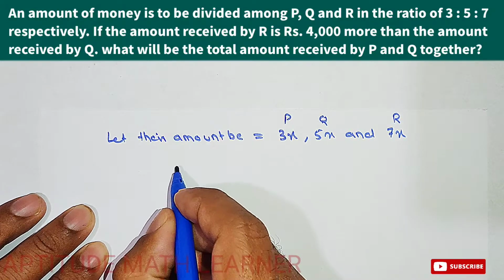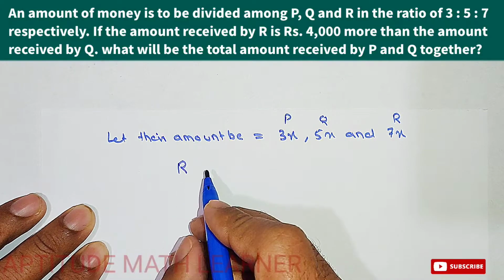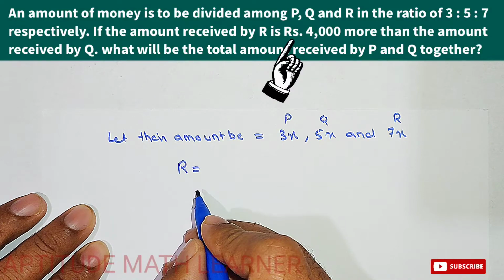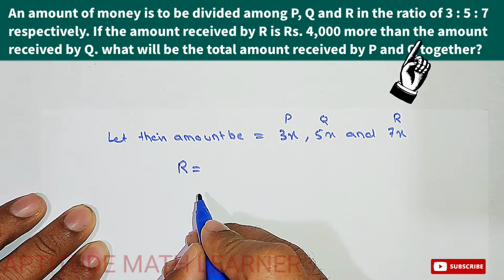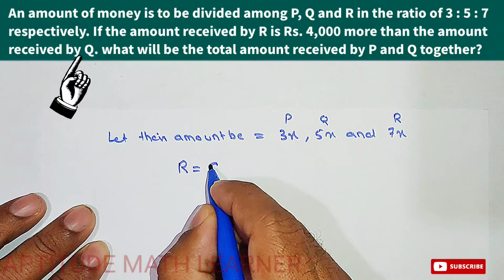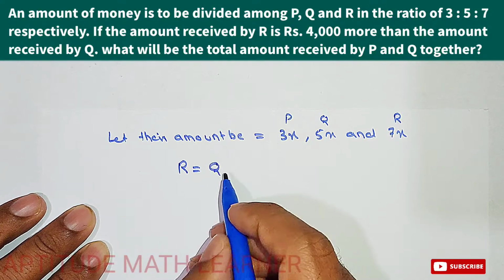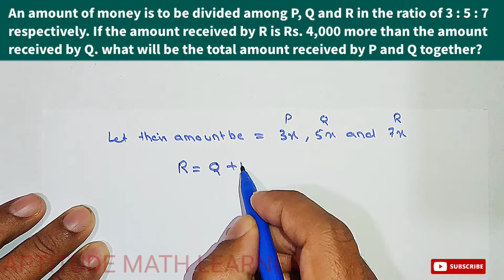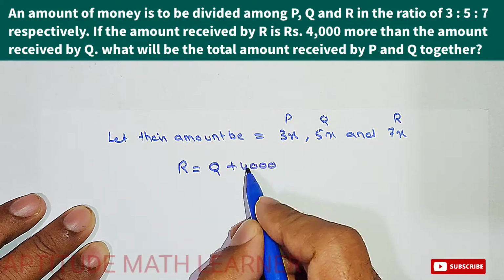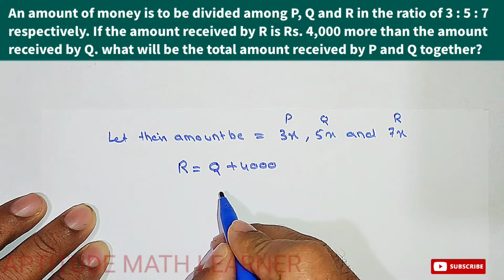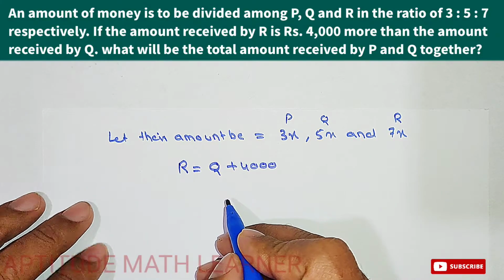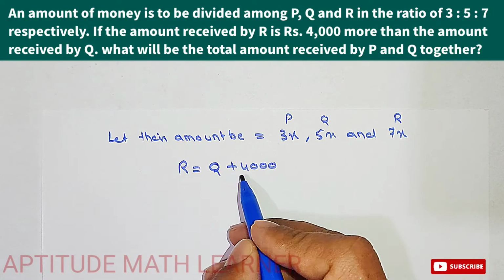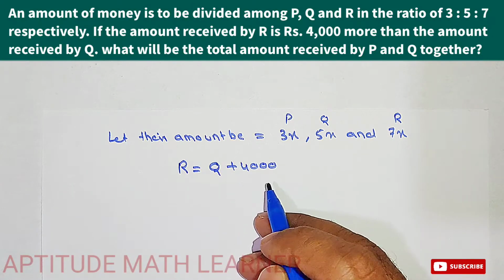The amount received by R is 4,000 more than the amount received by Q. So R received 4,000 more than Q. This is the condition in the question. So R has the amount of Q plus 4,000.